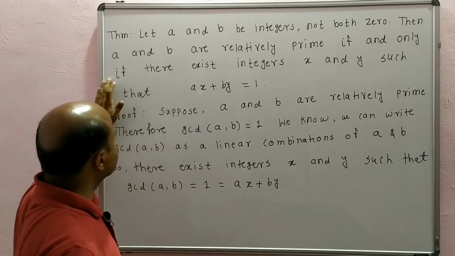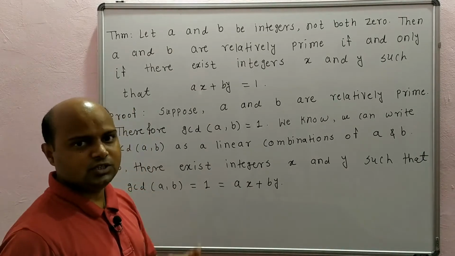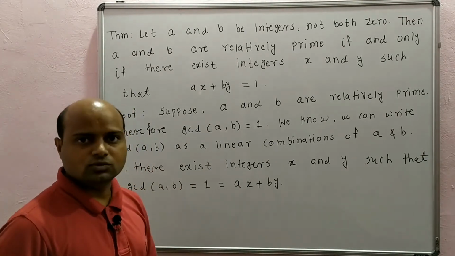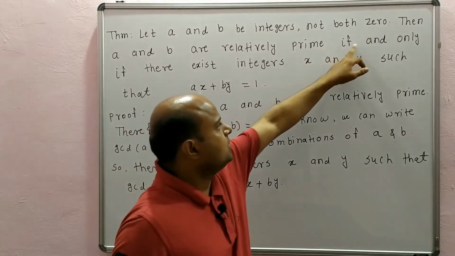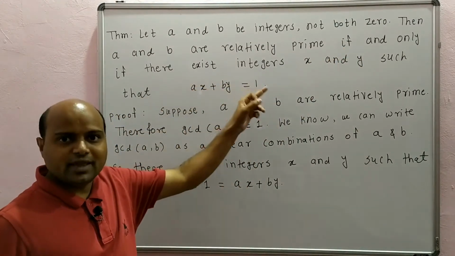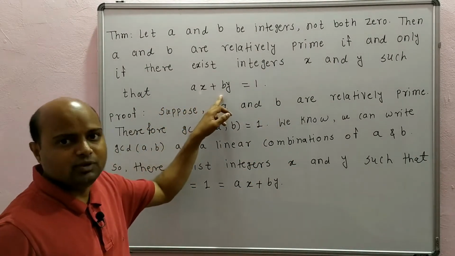This theorem gives the characterization of relatively prime integers. If you have two integers a and b, not both 0, then a and b are relatively prime if and only if there exist integers x and y such that 1 = ax + by.